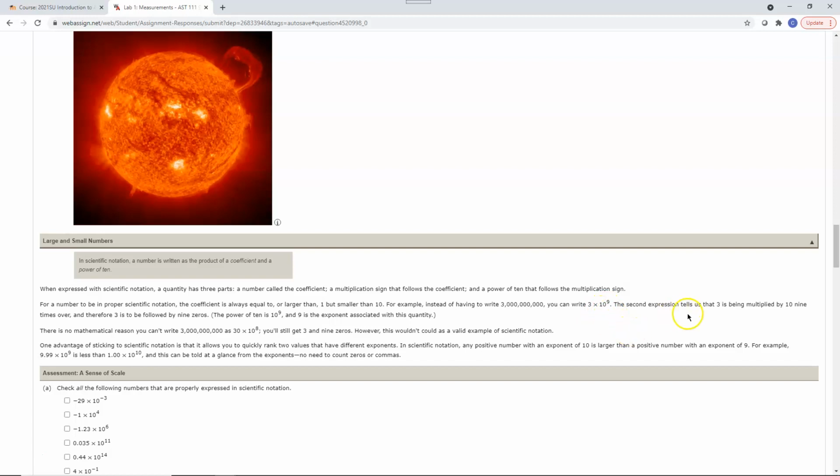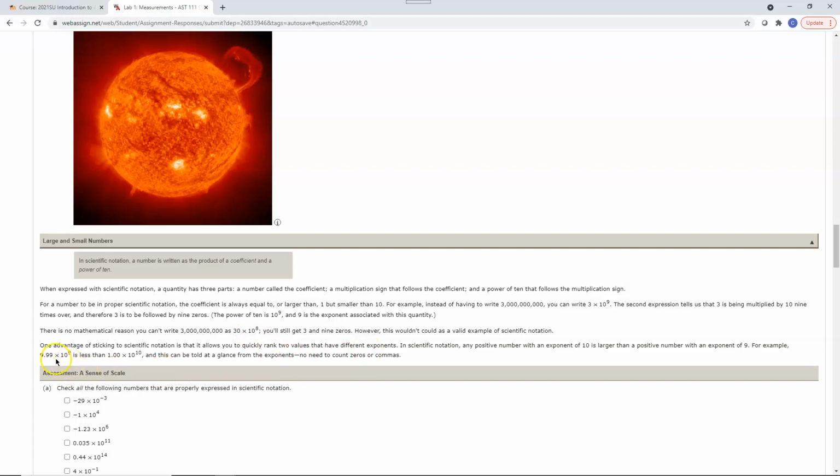The second expression tells us that 3 is being multiplied by 10 nine times, and therefore it is 3 followed by 9 zeros. The power of 10 here is 10 to the 9th, and 9 is the exponent associated with that. So there is no reason you can't write 30 times 10 to the 8th. You still get 9 zeros, but this would not be scientific notation.